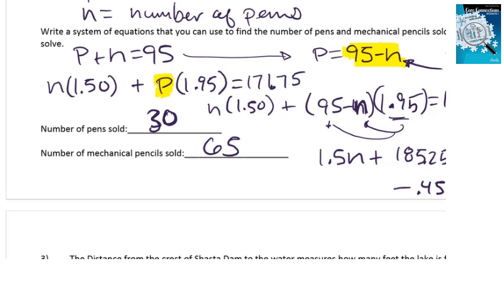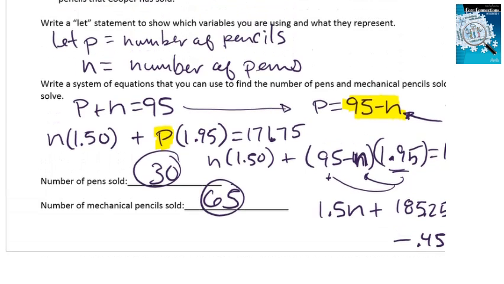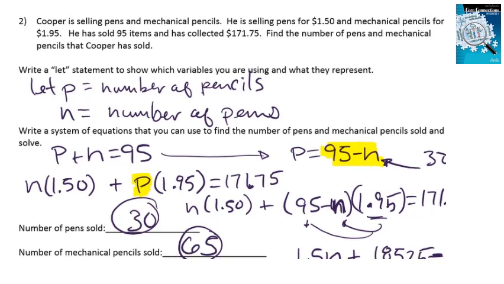Now, I encourage you, especially with a calculator and a few moments, to just plug these two numbers into the equation and verify, or even actually into the original problem, and verify, A, when you add those, do you get 95, and B, if you take 30 times the number of pens, I'm sorry, take 30 times, let's see, the pens was $1.50, so 30 times $1.50, and then add to that pencils 65 times $1.95, it should equal $171.75.